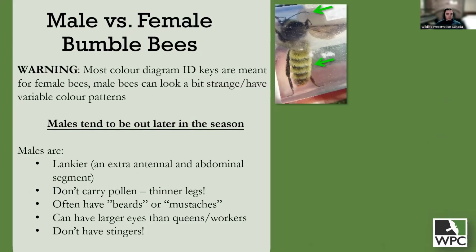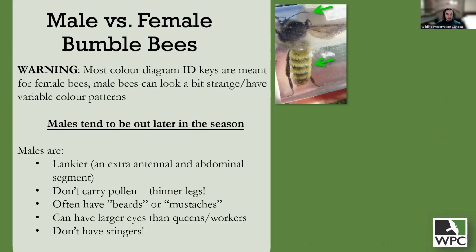So, by and large, regardless of species, male bumblebees are lankier. Female bumblebees have 6 abdominal segments. Males have 7. So they have an extra abdominal segment, making their abdomens look extra long. And the same is said with their antenna. Female bees have, I believe, 12 antennal segments, while male bees have 13.